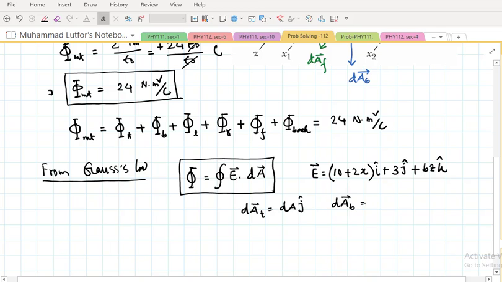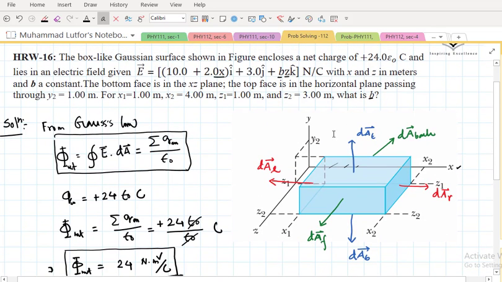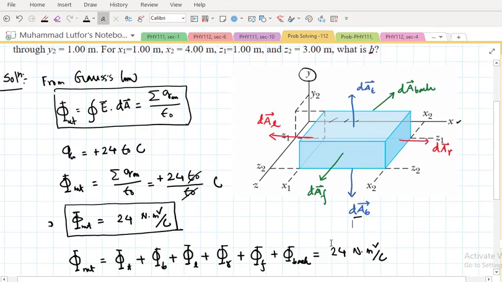That would be towards the negative y direction, right? So it should be minus dA j hat. You can find out. I draw it in that form. So this is actually top, towards the positive y direction. So this is the positive y. Then dA bottom would be towards the negative y direction.